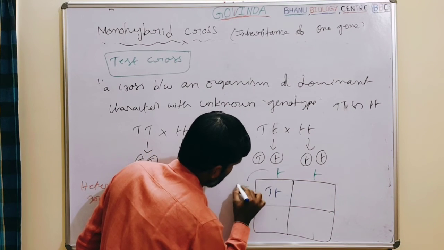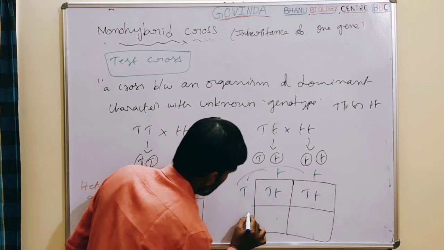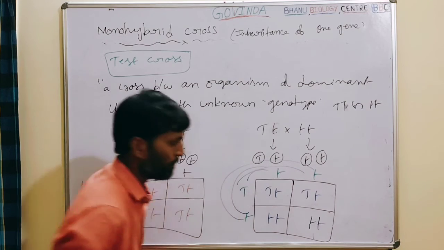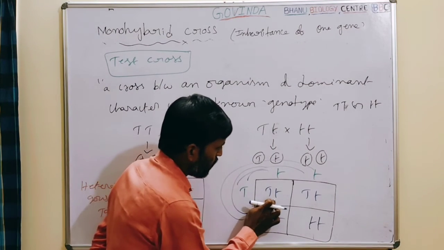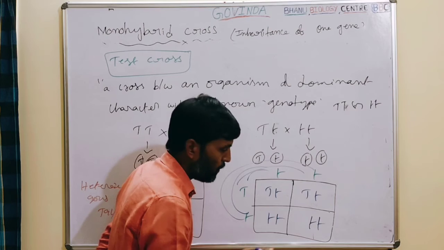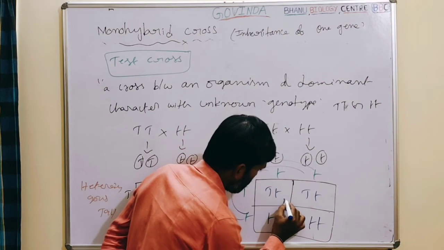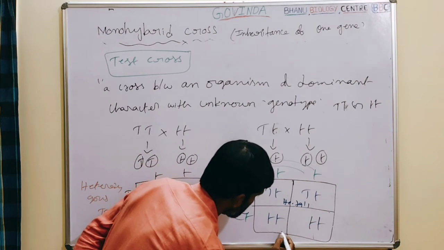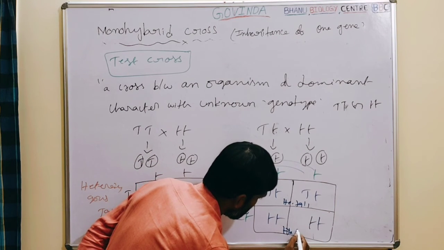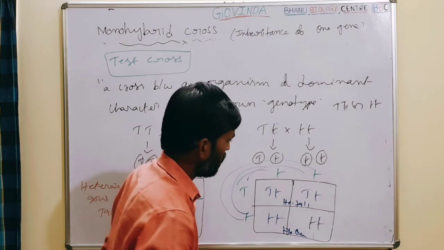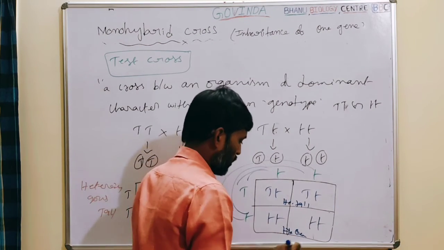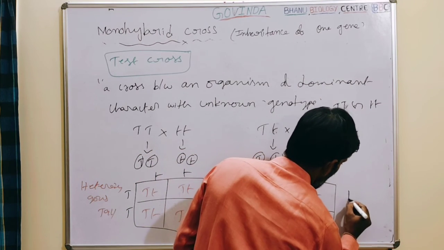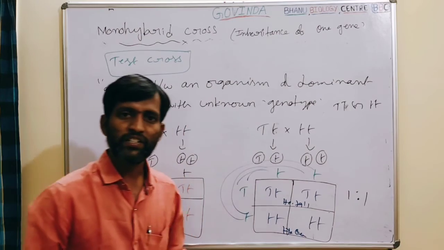Capital T small t, capital T small t, small t small t, small t small t. Capital T small t, capital T small t represents heterozygous tall. Small t small t, small t small t represents homozygous recessive. Then write it in the ratio form. So what ratio did we get here? That is 1:1.